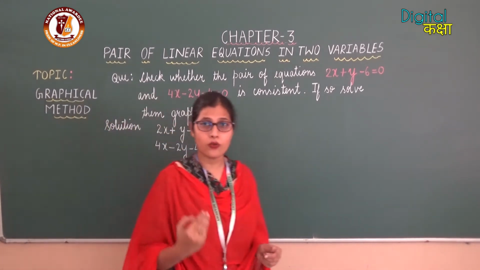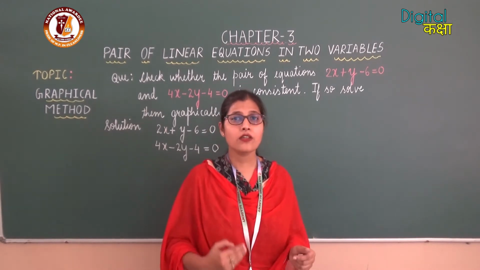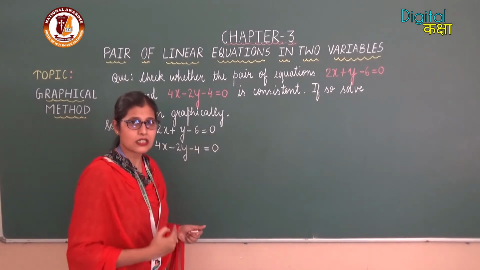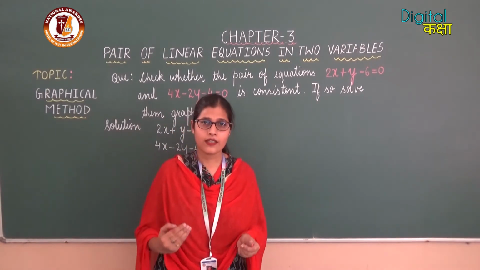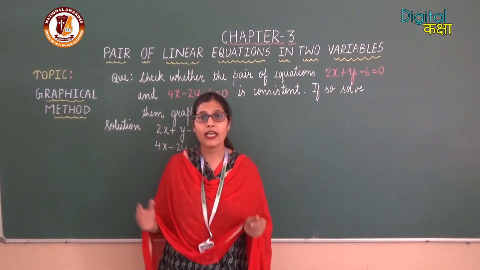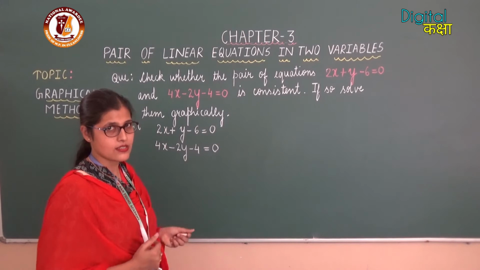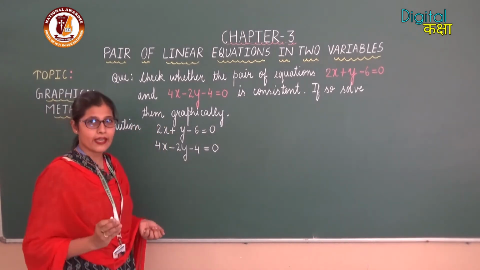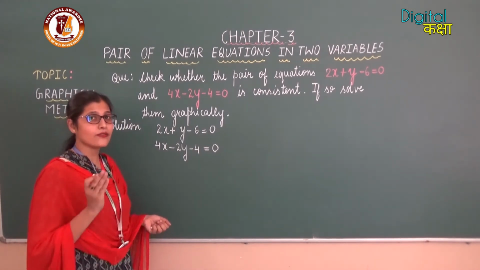So, we will be solving the first part of the question, and we will check whether the given equations are consistent. As we have discussed previously, by comparing the ratios, you can check the type of solution of the given linear equations. So, let us just compare the first equation with the standard form that we have learned.